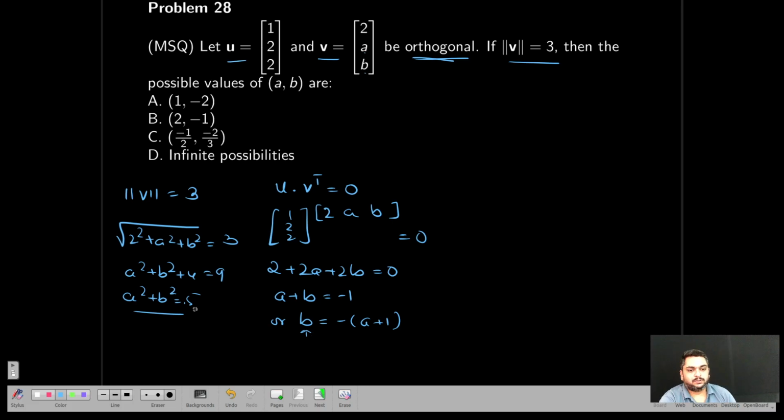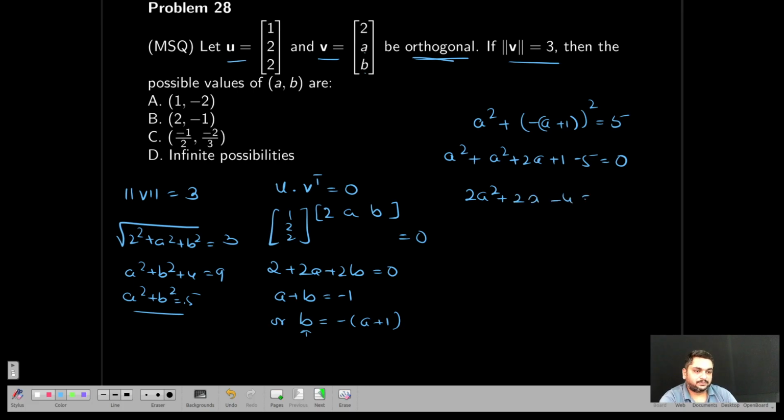So substitute this b here. It is a square plus minus a plus 1 whole square is equal to 5. So a square plus 2a plus 1 minus 5 is equal to 0. 2a square plus 2a minus 4 is equal to 0.